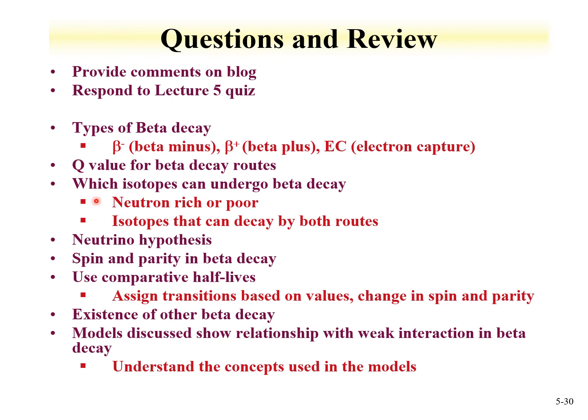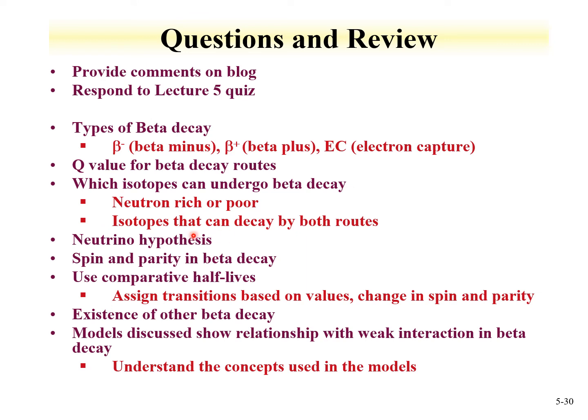For instance, whether an isotope is neutron rich or neutron poor. If it's neutron rich, with excess neutrons, it will tend to decay by beta minus because a neutron will be converted into a proton and it'll move up the periodic table. If it's a light isotope, if it's neutron poor, it'll tend to decay by positron emission or electron capture. And there are a few isotopes that can decay by both routes.